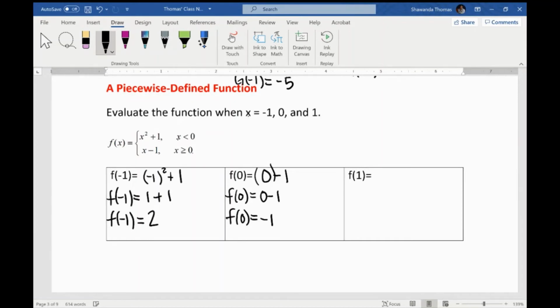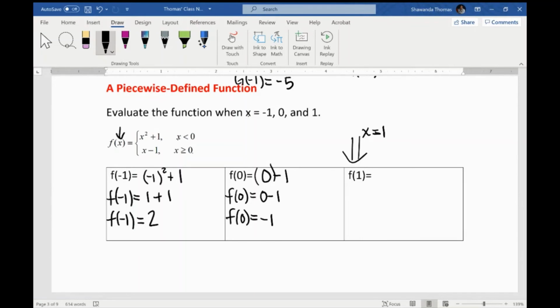Now let's do one more. F of 1. For this case, what is x? X equals 1, because it's inside this parenthesis right here. That's what we're replacing the x with.